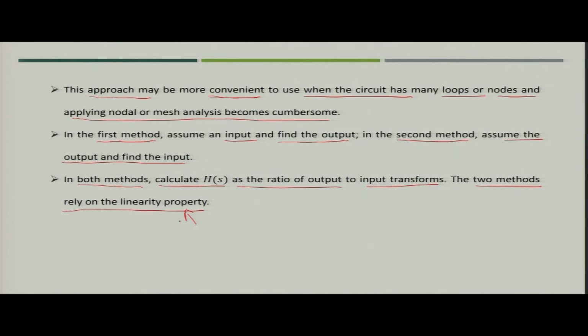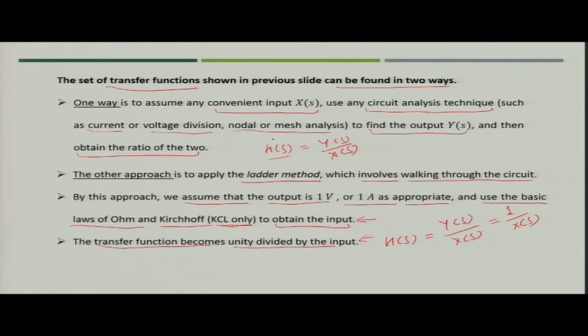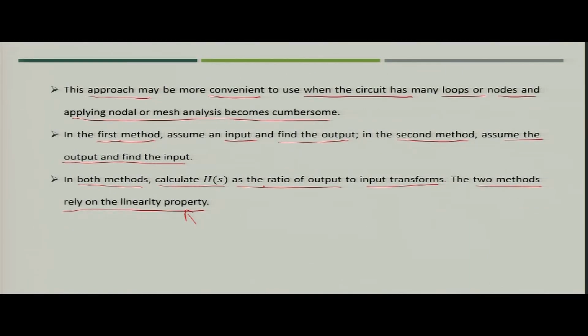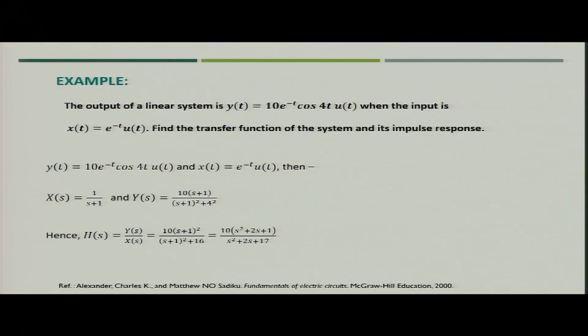The circuit which follows the linearity property can be used to find the transfer function using either the conventional method, where you analyze the circuit with various circuit analysis techniques, or the ladder method. Now, to understand finding the transfer function, let us take a few examples so that you can understand the concept more clearly.